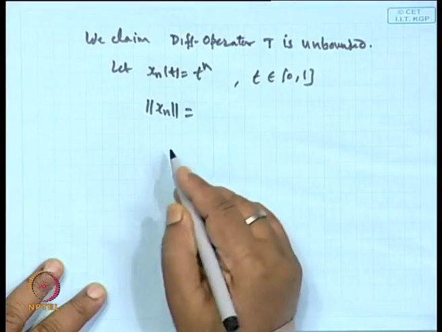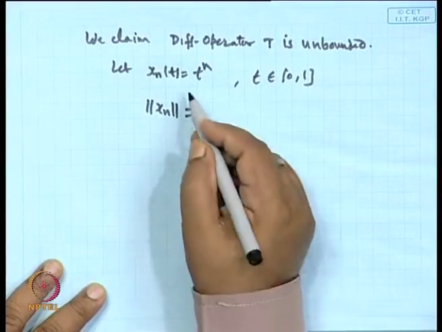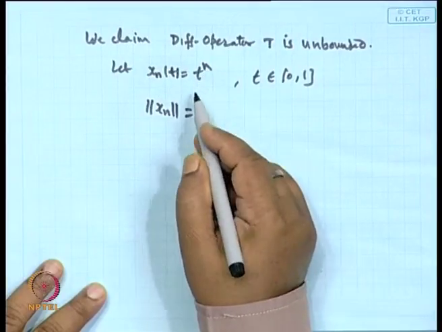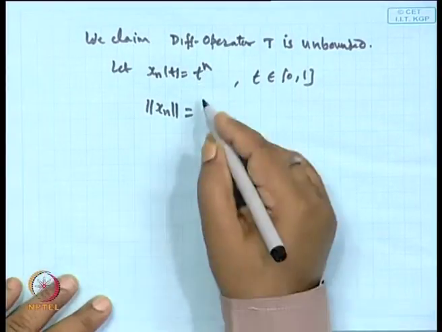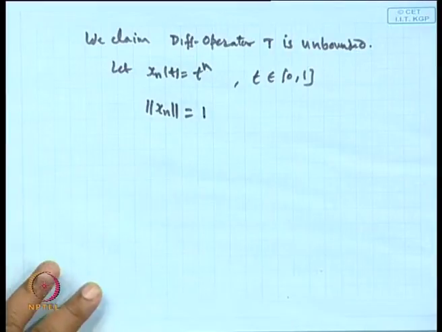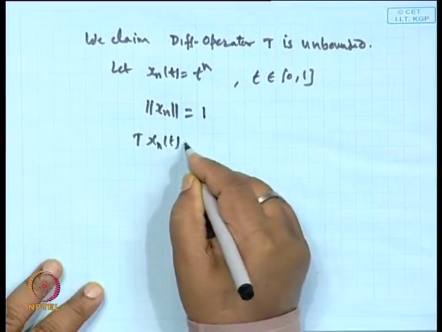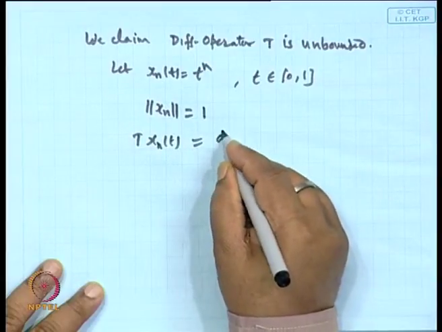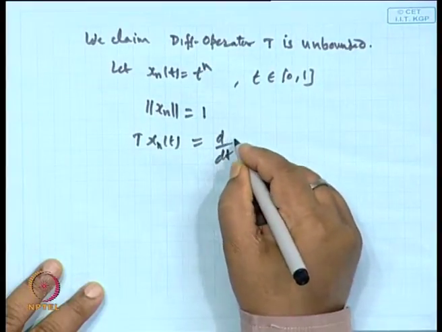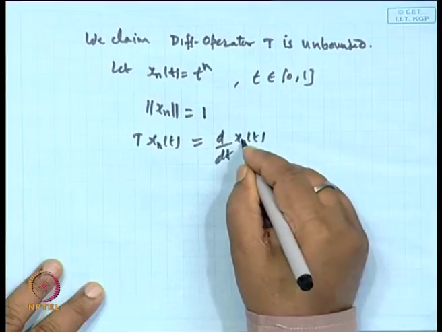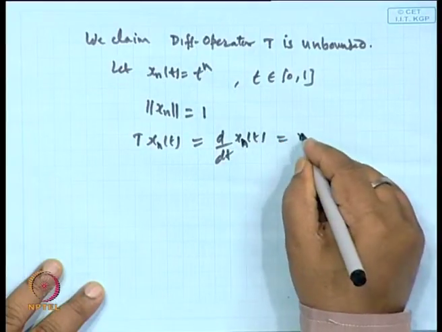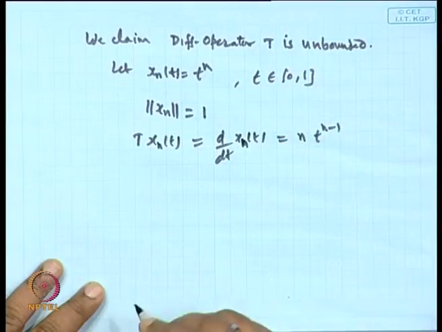By definition, the norm of x_n is equal to 1, because we take the maximum value. When we operate T on x_n(t), we get the derivative of x_n(t) with respect to t, and that becomes n t to the power n minus 1.